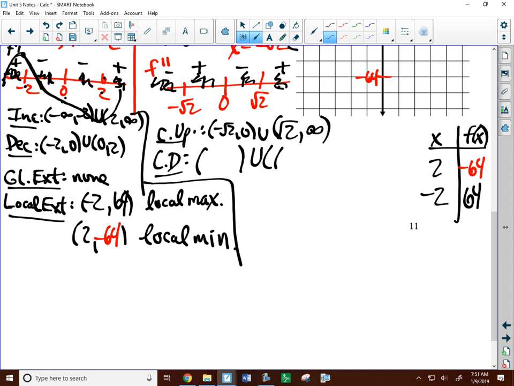Concave down, negative, so it'll be negative infinity to negative radical 2, union 0 to radical 2. Okay. And finally, points of inflection occur where the concavity changes. All of these change. So I'll say point of inflection at x equals negative radical 2, 0, and radical 2.